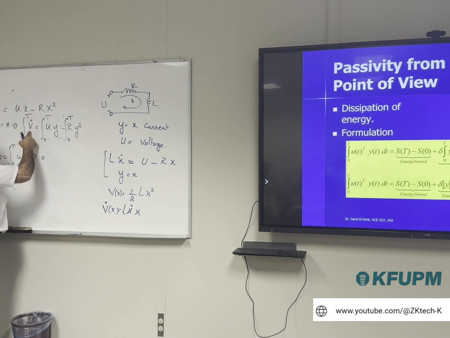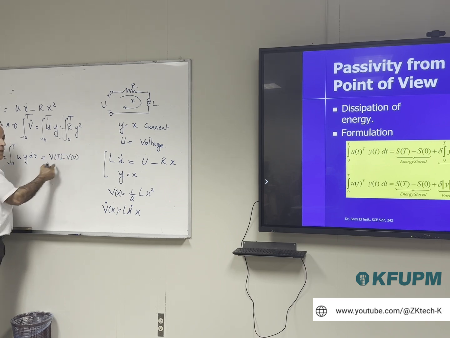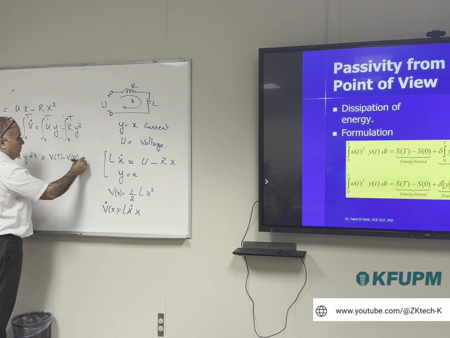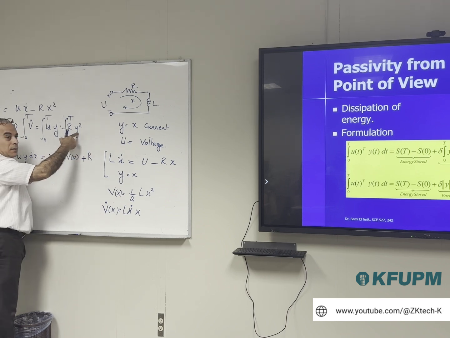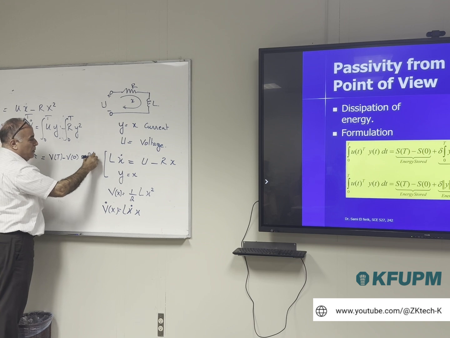This will be equal to v of capital T minus v of 0, or s of capital T minus s of 0, plus r multiplied by the amplitude of y squared. This is the output, so r multiplied by the amplitude of y squared.